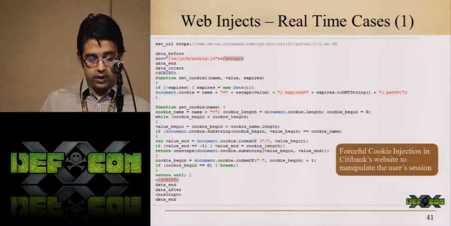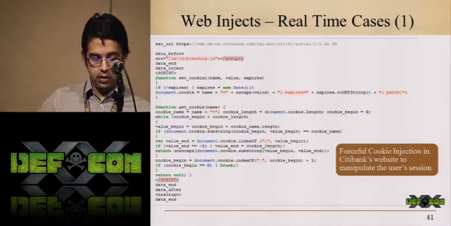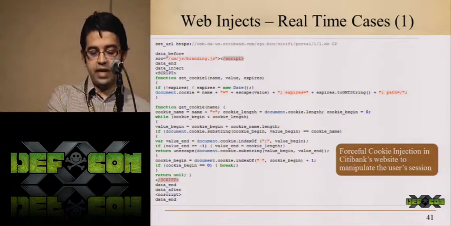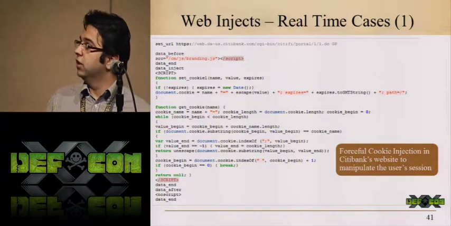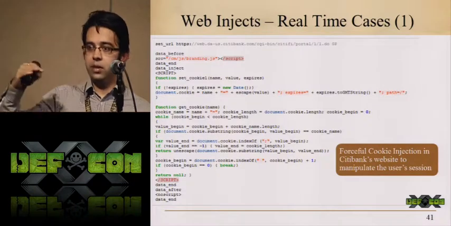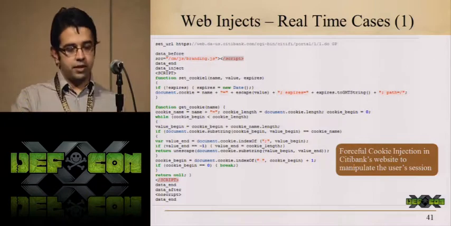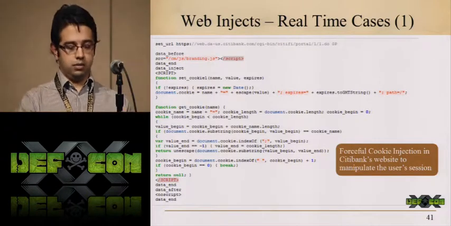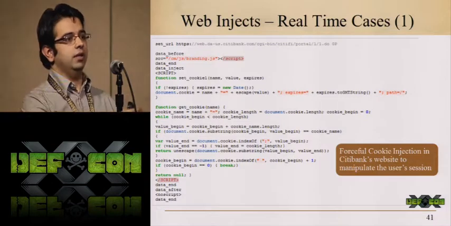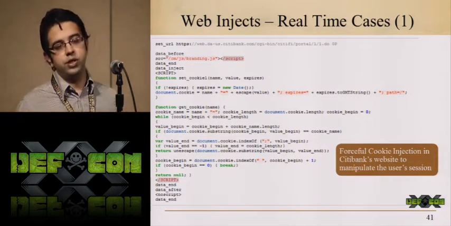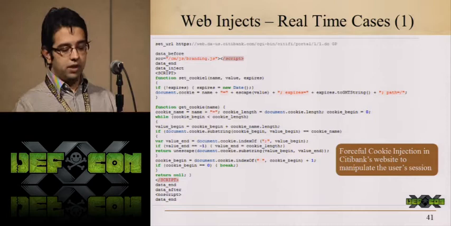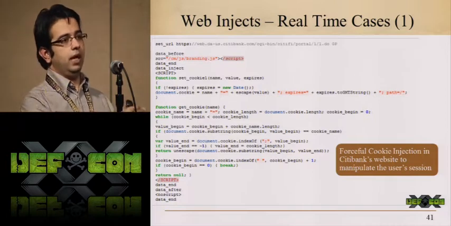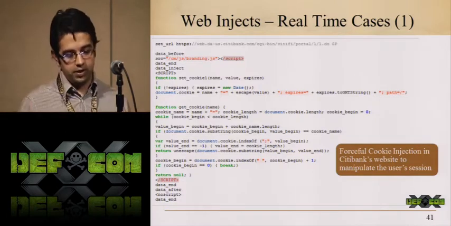On the data before tag, there is a branding.js file. That code will remain there, and the bot will inject its code after that, and then put a script tag at the end. So this payload looks inline to the user. The user is not going to look at the JavaScript code, but it will get executed inline when a user accesses the Citibank website.